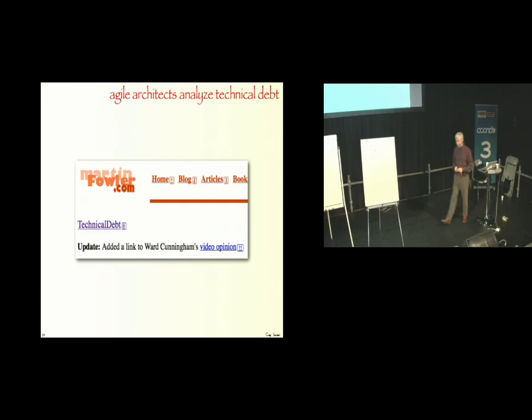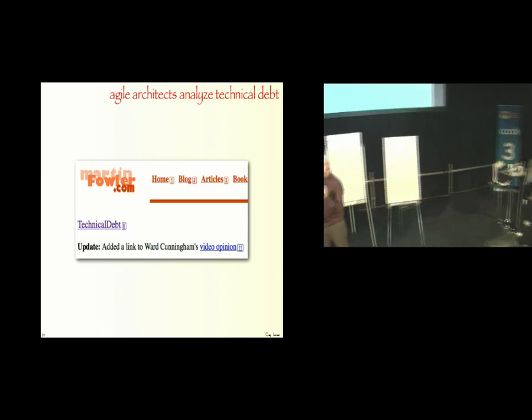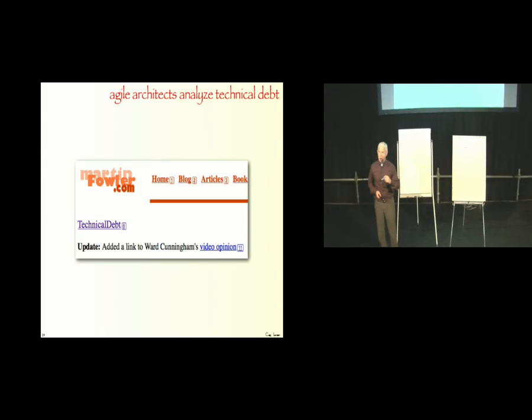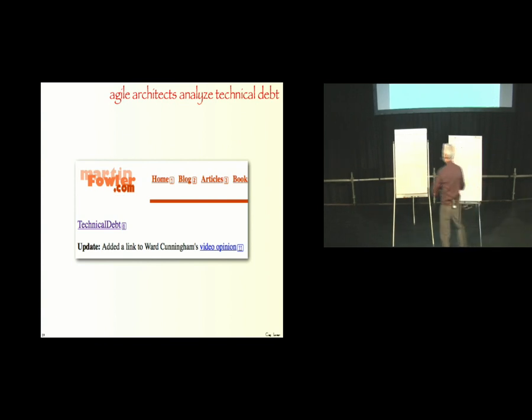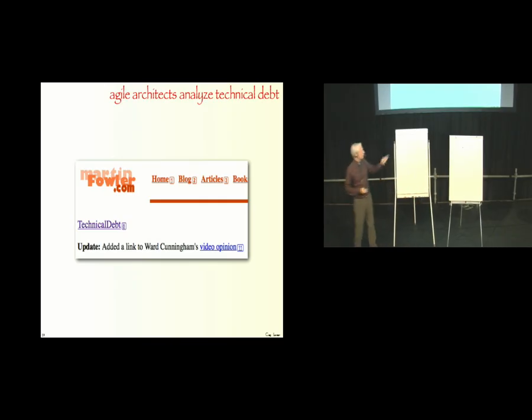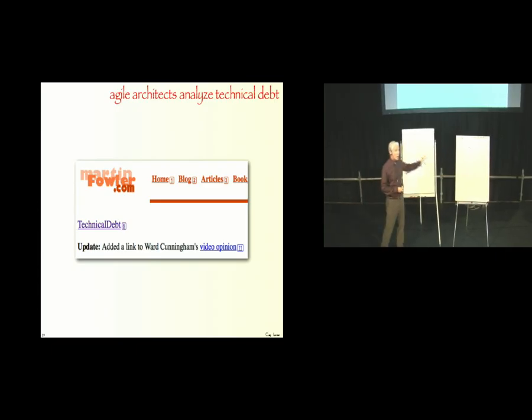Technical debt is a subject I think some of you already know about. And I think good Agile architects are working in the following area. I know I am at the moment with some of my customers, and that is trying to make the connection between technical debt and money. Because we all know that the cost of quality is a cost, and it has both direct costs and indirect costs.